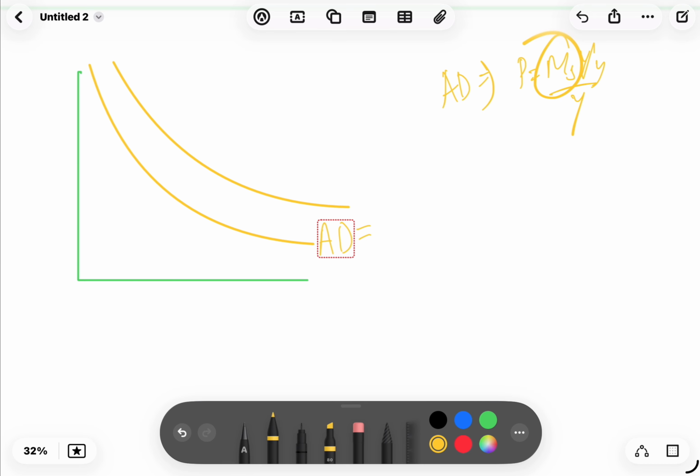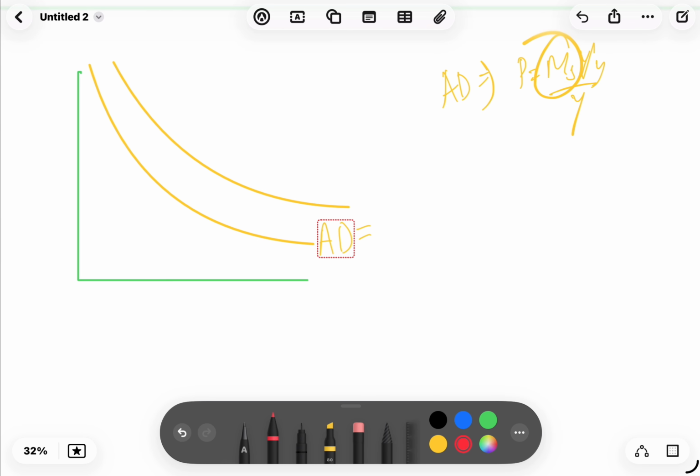That will lead us to something of this sort, where our initial AD was this. Now we know that the AD is affected as in P = MsV/Y. So now if our Ms is increased, our AD will go forward.